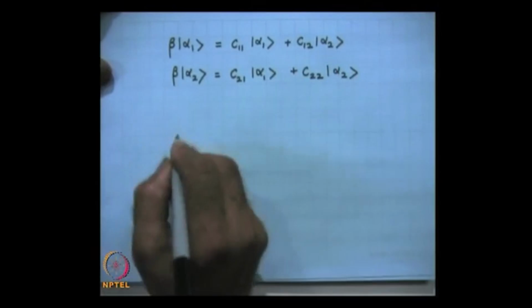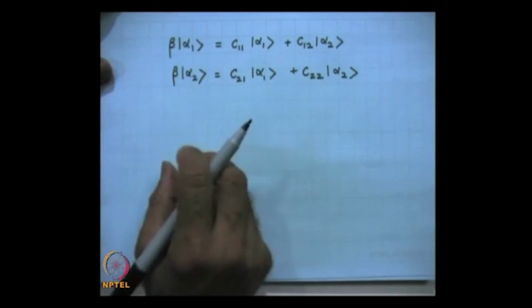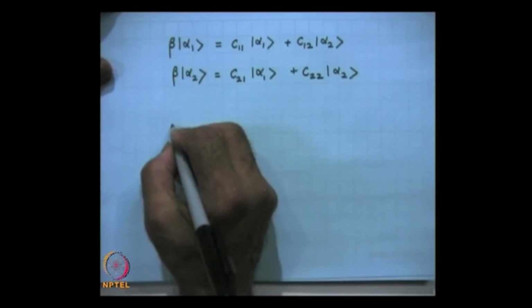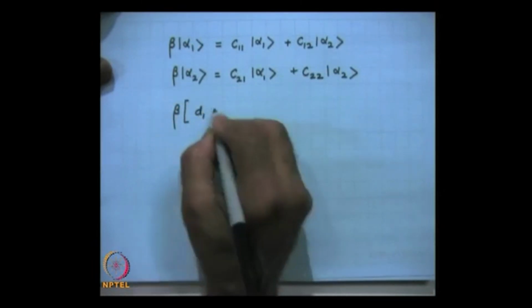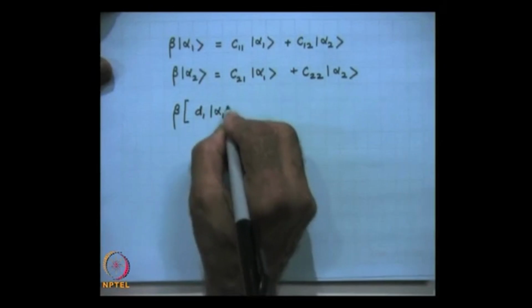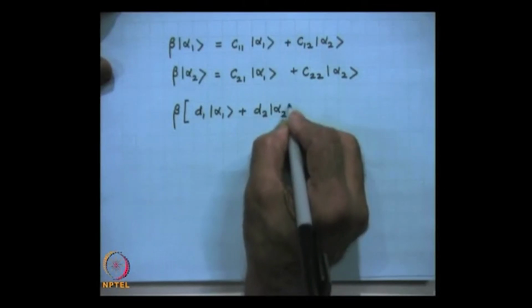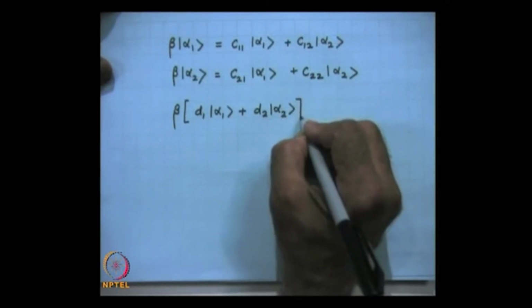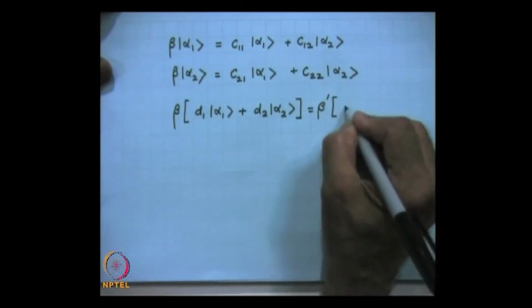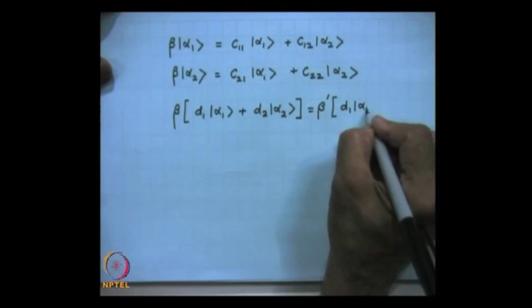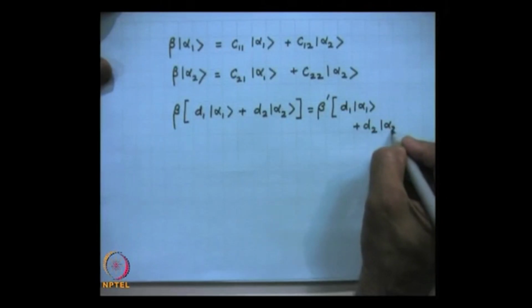Now, let the ket which is an eigenket of the operator beta be denoted by D1 ket alpha 1 plus D2 ket alpha 2, where D1 and D2 are numbers.